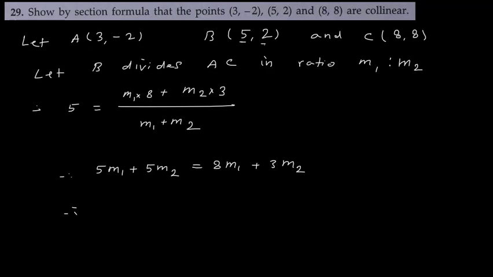So therefore this 8 I will bring towards left, so it is 5 times M1 minus 8 times M1 is equals to 3 times M2 minus 5 times M2.